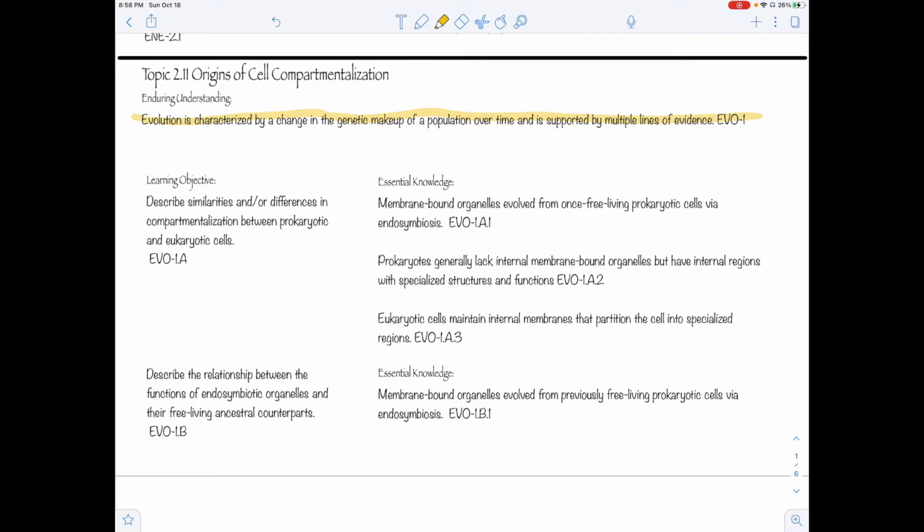So, cell compartmentalization ends up being one of those lines of evidence that support our theory that evolution is that change in the genetic makeup.